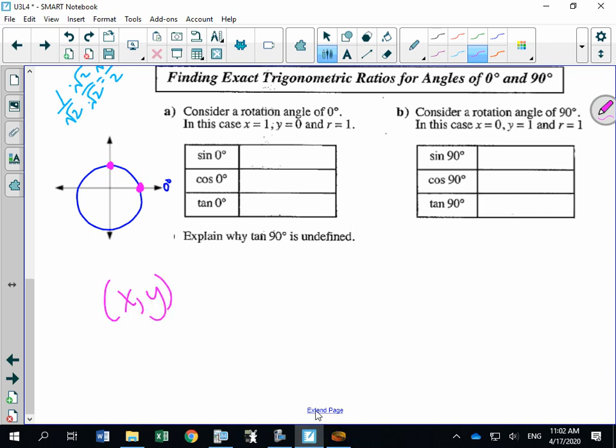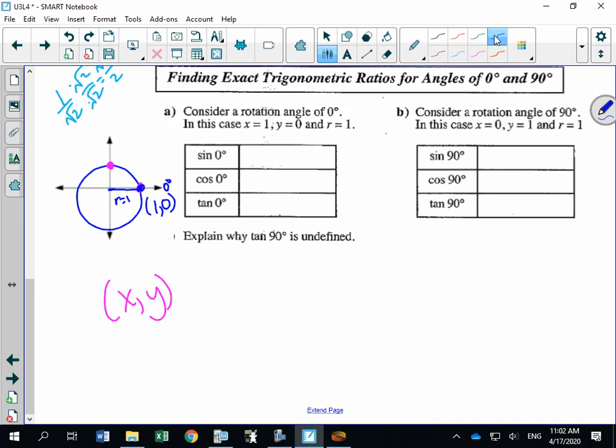So what we would do is say, okay, the x value here, this distance will be 1. That's our radius. And on the unit circle, our radius is always 1. So what would that x value be? The x value would be 1. And the y value here, y is at 0.